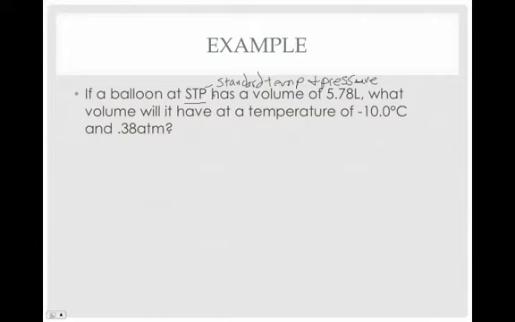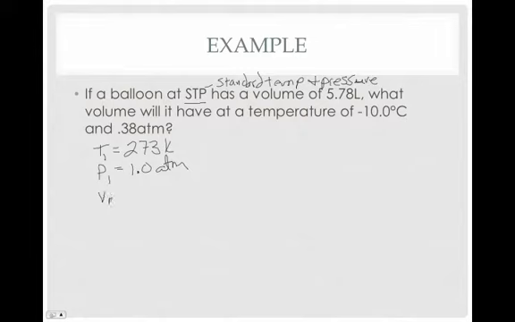Well, we know that it's at standard temperature and pressure. That means that our temperature, our T1, is 273 Kelvin. Our P1, because it's at standard pressure as well, is 1.0 atms. And it says it has a volume of 5.78 liters.